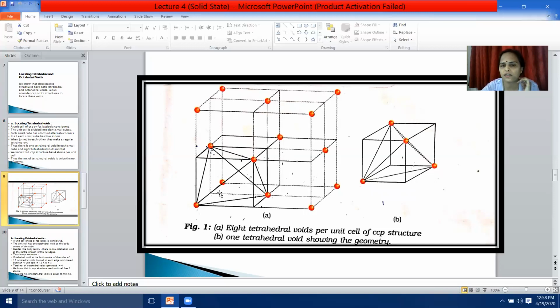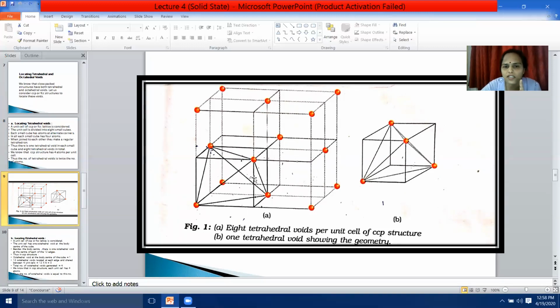In the second picture, when I join the points of this cube, it results in the formation of a tetrahedron. It results in giving you one tetrahedral void.